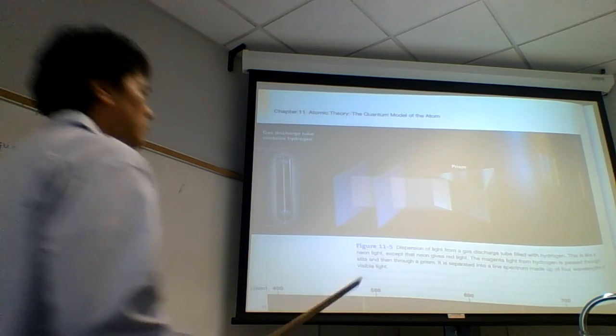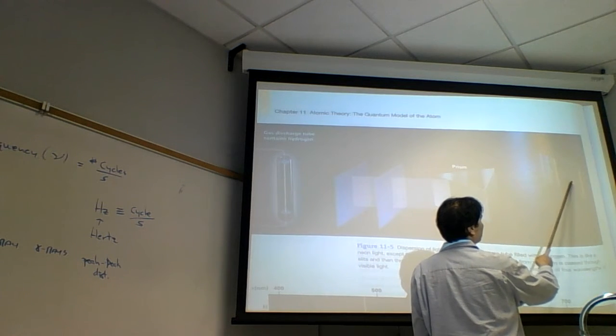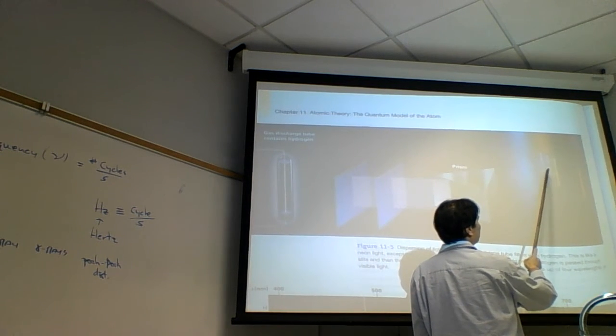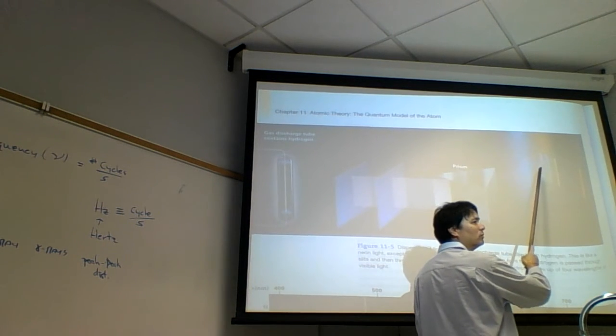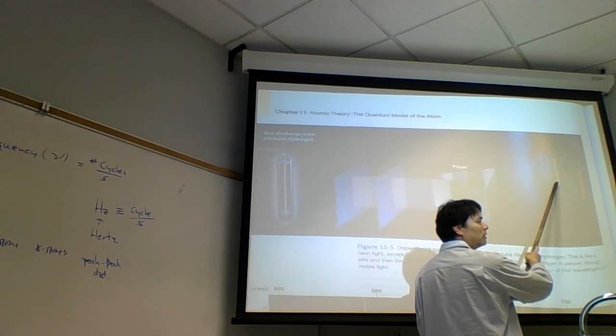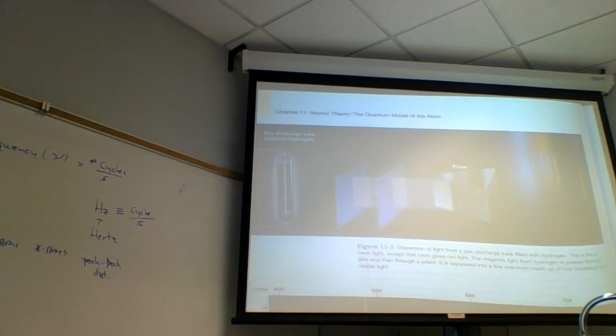You can see this is what we call a line spectrum. Many colors are forbidden. We call this forbidden energy. Forbidden, forbidden, forbidden. These are allowed, allowed, allowed, allowed. So only 4 colors are allowed. Everything else is forbidden.